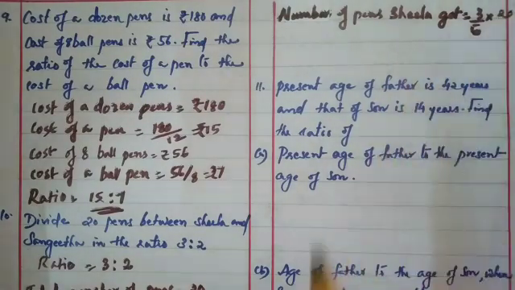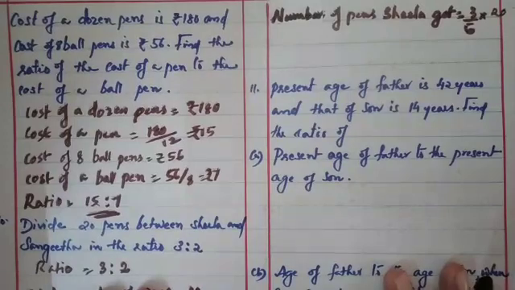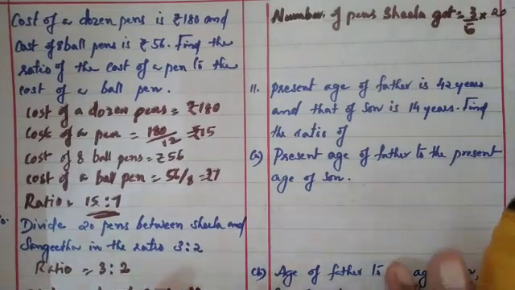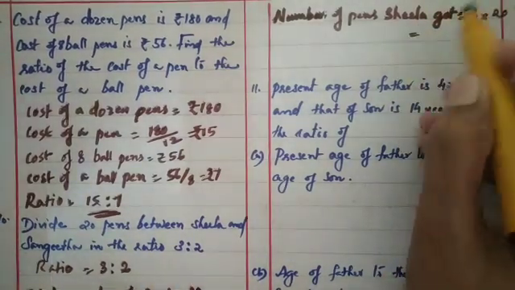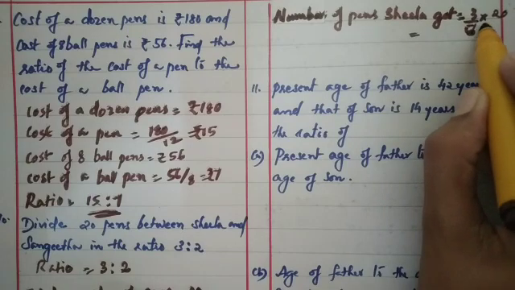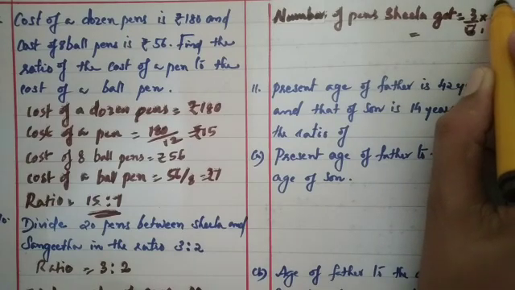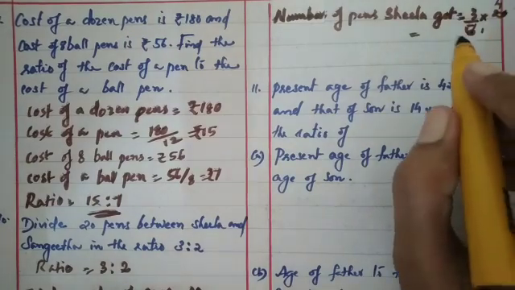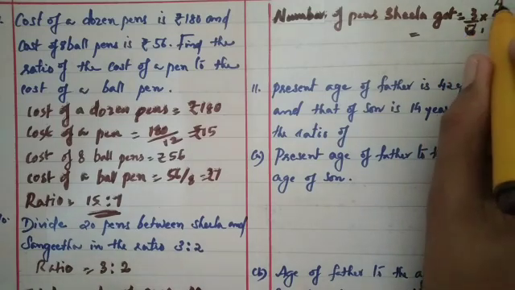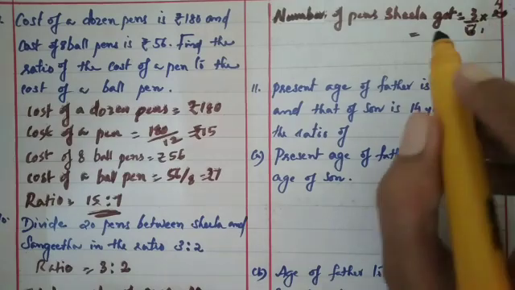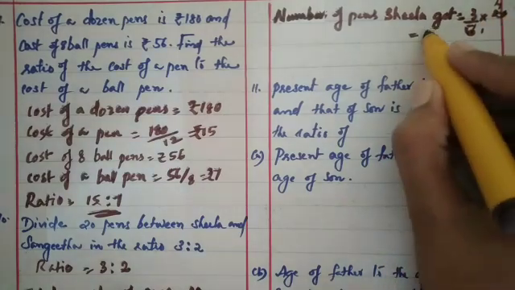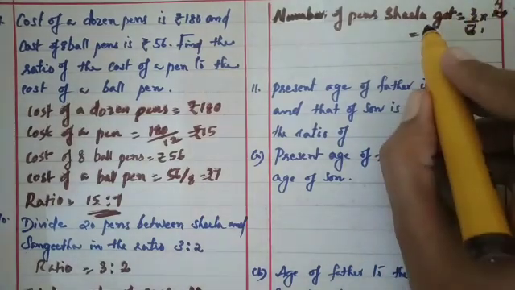Here you have to find out the number of pence Sheila got. 5 one time is 5, 5 is the common factor. 5 four times is 20. Then 4 3s are 12 pence. 12 pence Sheila got.